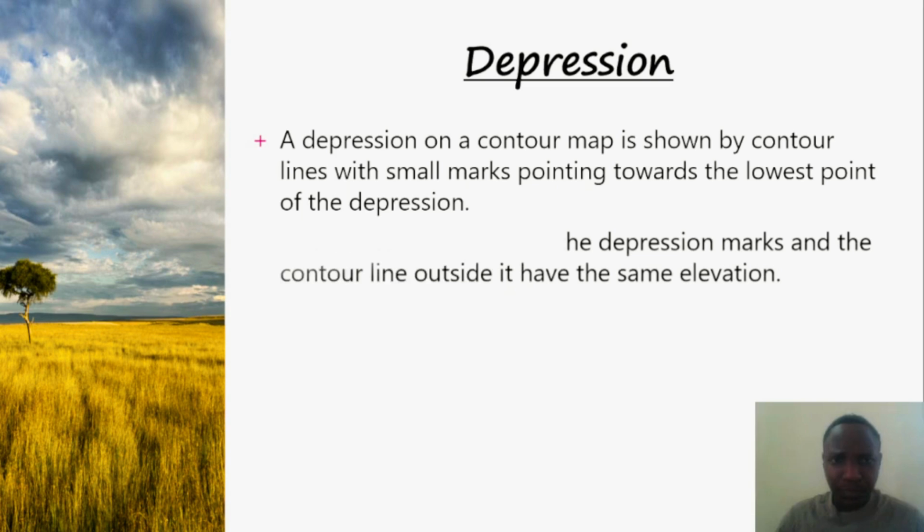Now, the first contour line with the depression marks and the contour lines outside it will have the same elevation. So you can tell that the depression is there when you see that the first contour line has these depression marks and the contour lines just outside of it have the same elevation.